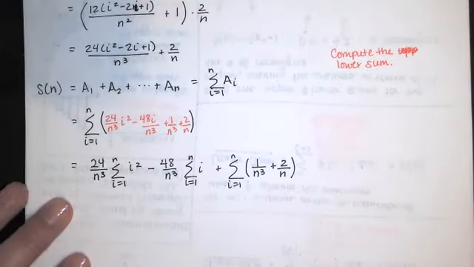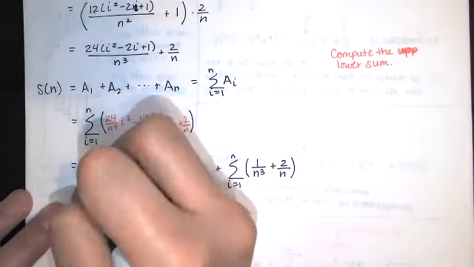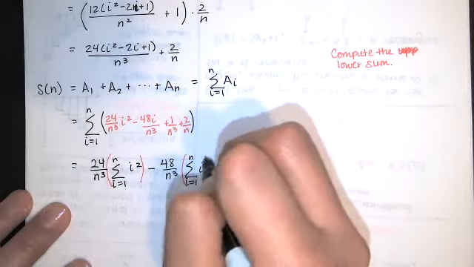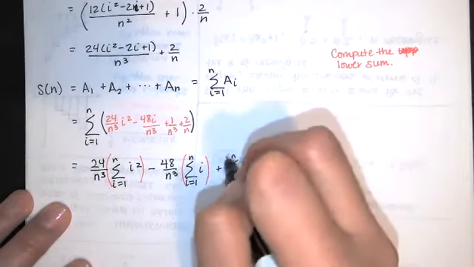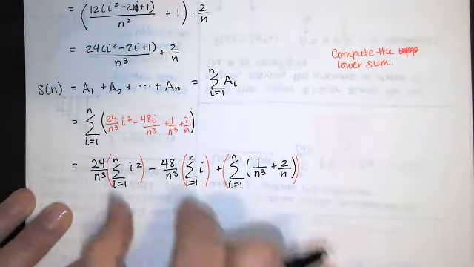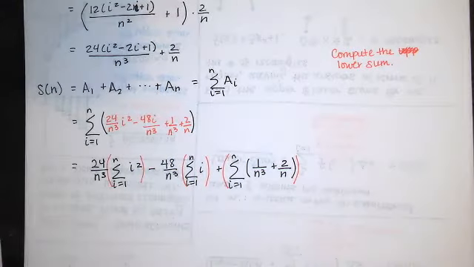All right. Now I've got a formula for this and a formula for this, and that's constant with respect to i, so I've got a formula for that. Once I substitute those and then simplify, that's my simplified formula for the lower sum.